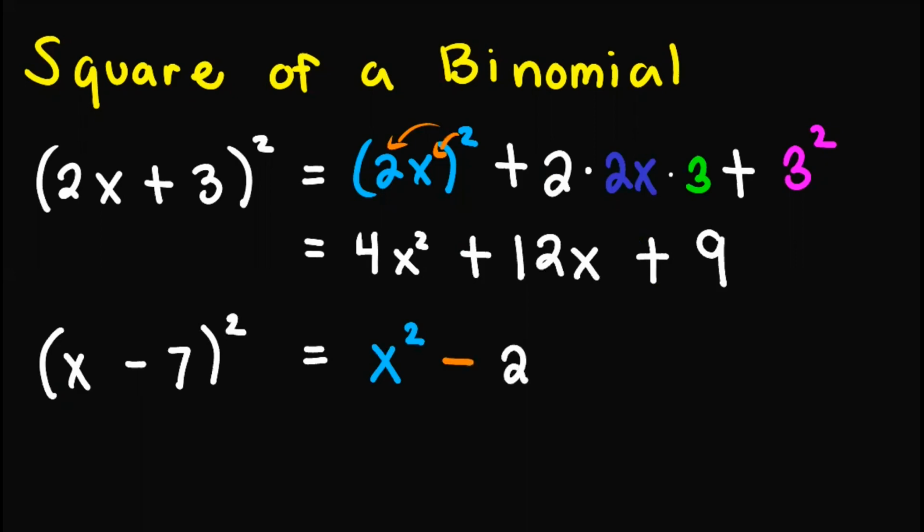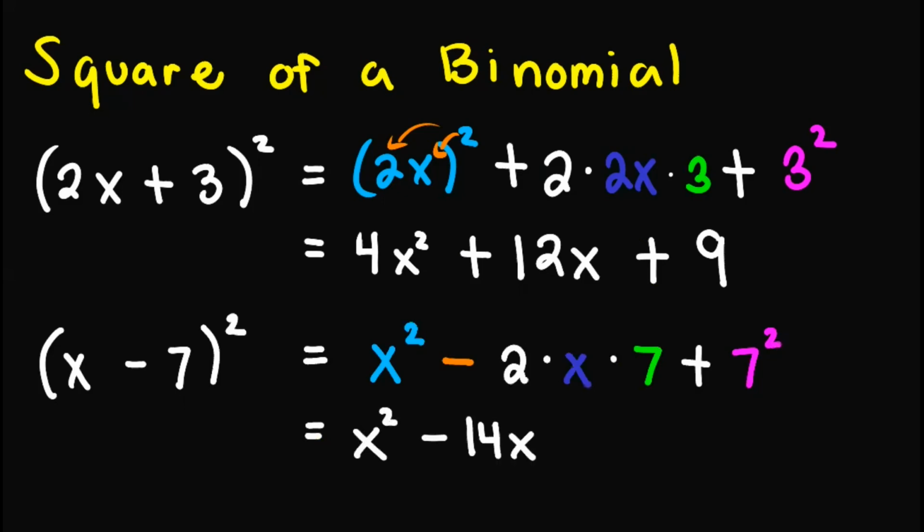So this will be 2 times the first term, which is x, times the second term, which is 7, and lastly, plus the square of the last term, which is 7 squared. Simplifying, we'll obtain x squared minus 14x plus 7 squared is 49. So that is the answer.